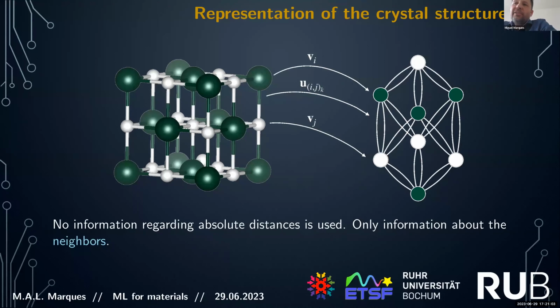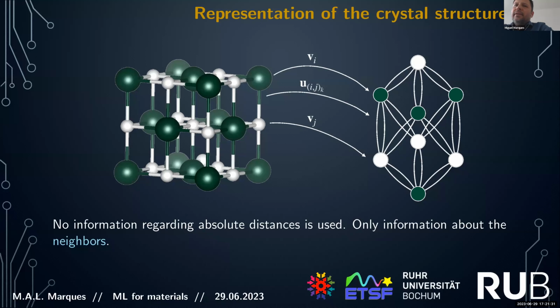We only use information about the neighbors, how many they are, and what kind they are. But it's very similar to what is done nowadays, just a little bit changed, as I told you, to not use the precise information about the structure in the graph, just information about neighbors.